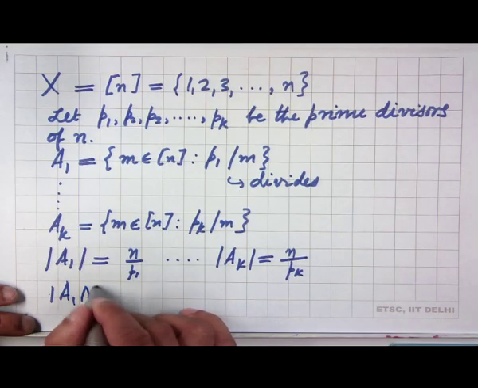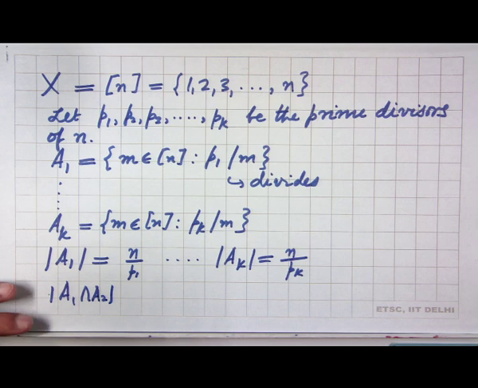What happens to A1 intersection A2? Well, A1 intersection A2 consists of all those numbers m from 1 to n, which are in A1 and in A2. If it is in A1, P1 divides it. If it's in A2, P2 divides it. So m is a common multiple of P1 and P2. Therefore, it's a multiple of the least common multiple of P1 and P2. But P1 and P2 are primes.